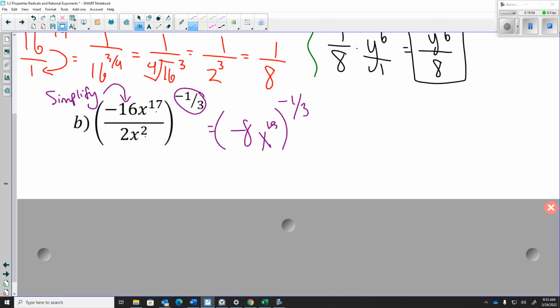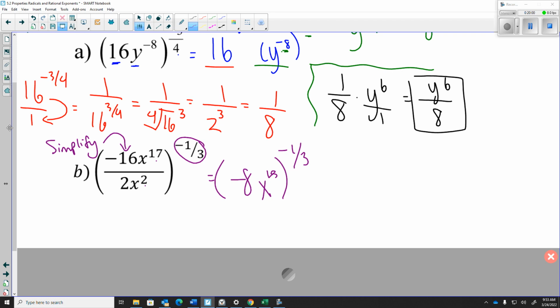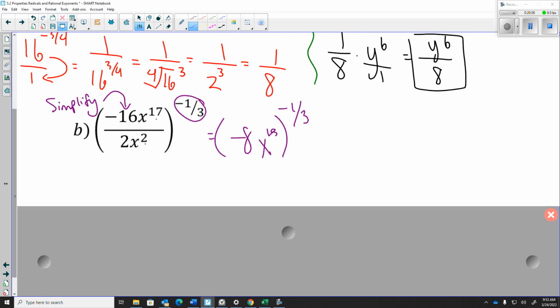All right? Now, this looks a lot like what we had here, right? Similar type of setup. So if you want to flip this whole thing first, you can, because it's negative, right? So you could flip the entire thing first if you wanted to. Or you could split them up and raise them both to the negative 1/3. Either way is going to be okay.